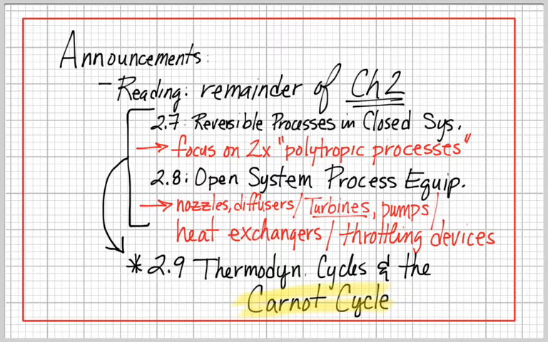It's the basis for the best you can get from a heat engine, and that's actually going to use the materials from 2.7 and 2.8 to explore this idea, mainly from 2.7, because what you're going to see is the use of the two polytropic processes, an isothermal process with an adiabatic process, and that will be combined with compression and expansion. So keep an eye on that. We're actually using 2.7's language to really explore 2.9. That's just looking ahead.